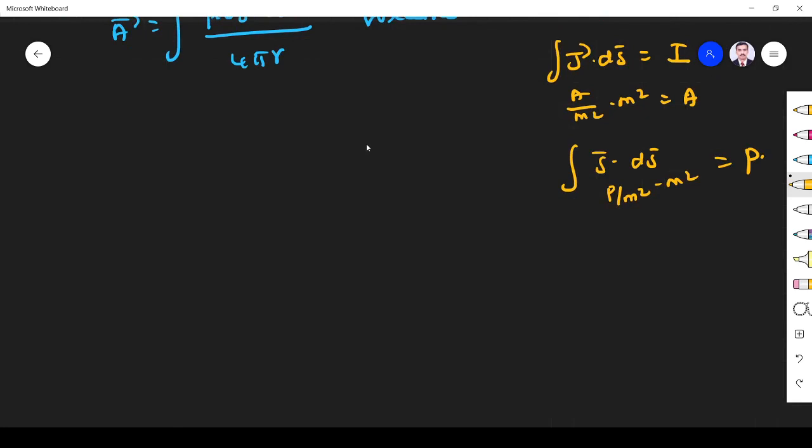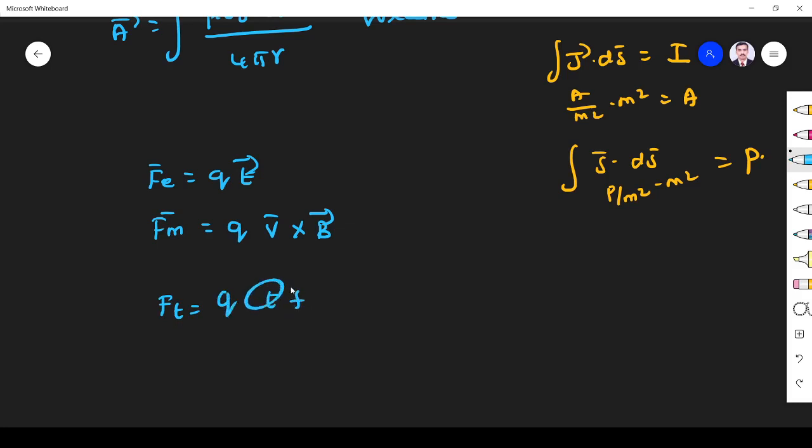Okay. Next, what we have to learn, we should know the force equation, the Lorentz force equation. We know the electric force due to the electric field is QE, and the force due to the magnetic field is given by QV cross B. The total force experienced by a charge is Q(E plus V cross B).